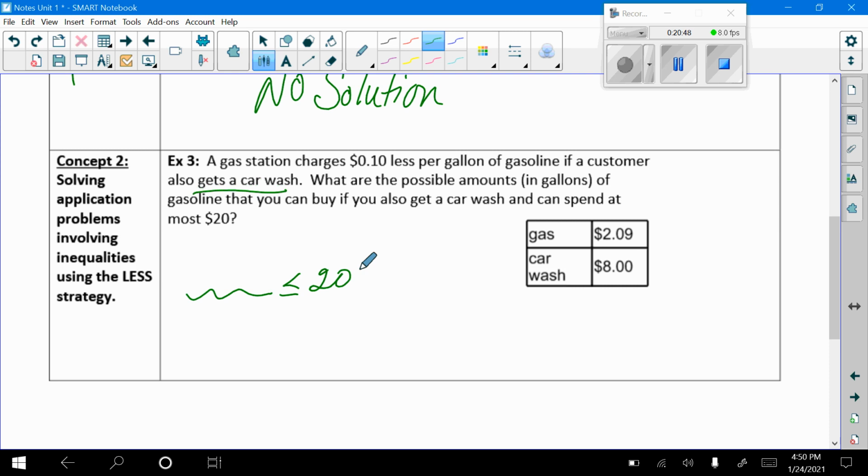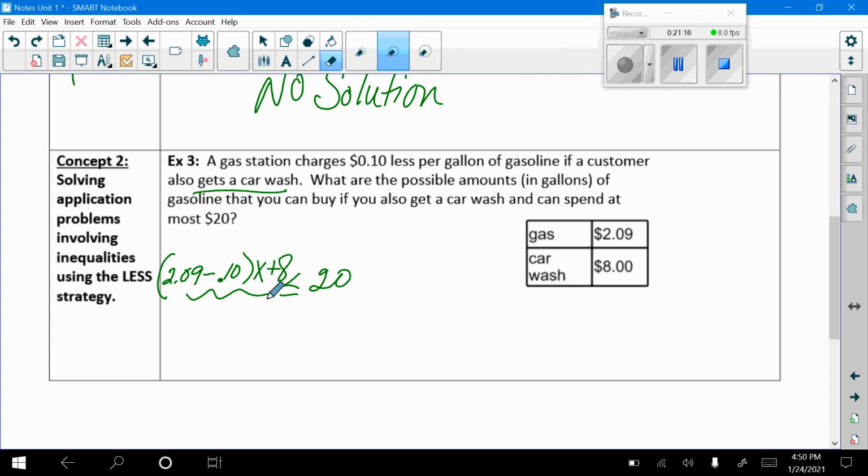That's the inequality part. Now think about what that value is. Well, the gas value is 2.09. If I also get a car wash, it's going to be 2.09 minus the 10 cents per gallon plus the $8 wash.